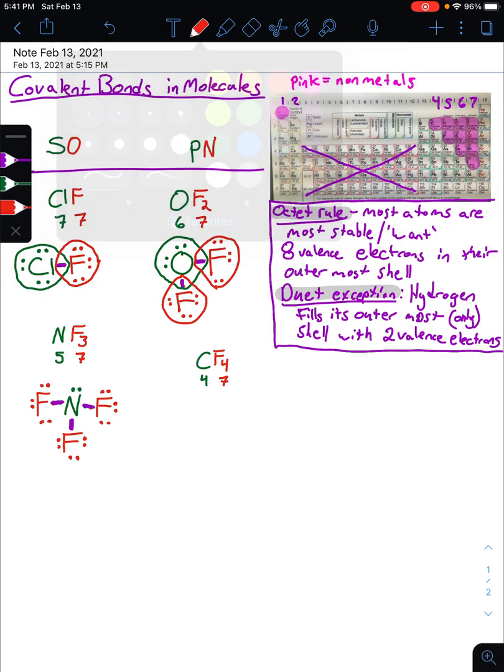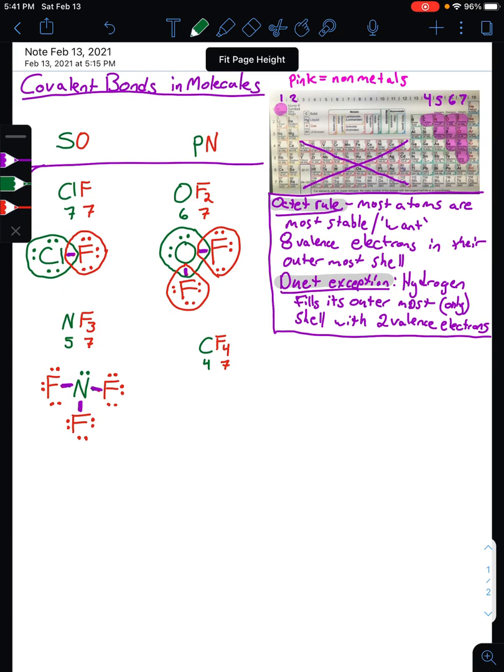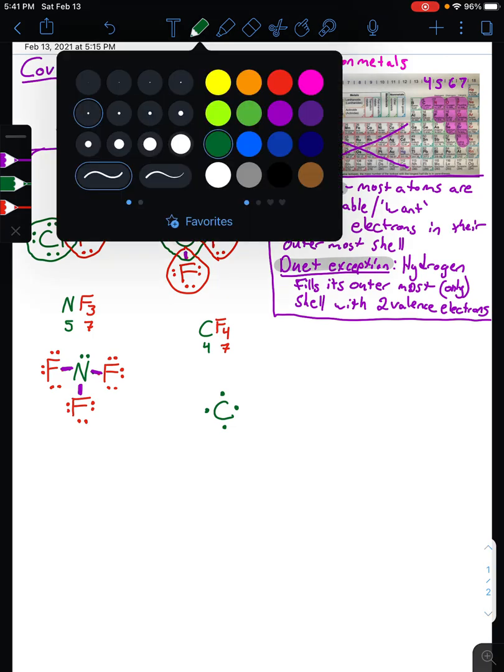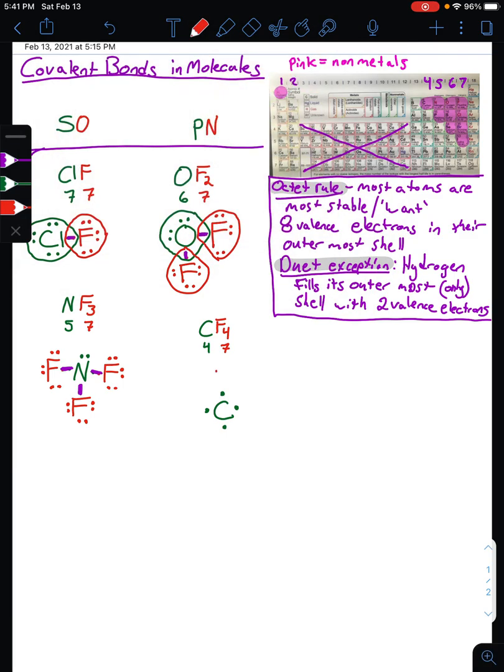So let's draw carbon first, so it has the most possible bonds, and give it lots of room on all 4 sides. 1 lone electron, 2 unpaired, 3 unpaired, 4 unpaired electrons for carbon. Then we've got fluorine, fluorine, fluorine, and fluorine. 4 fluorines present.